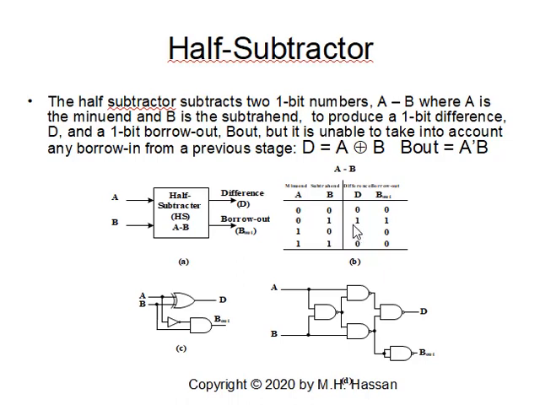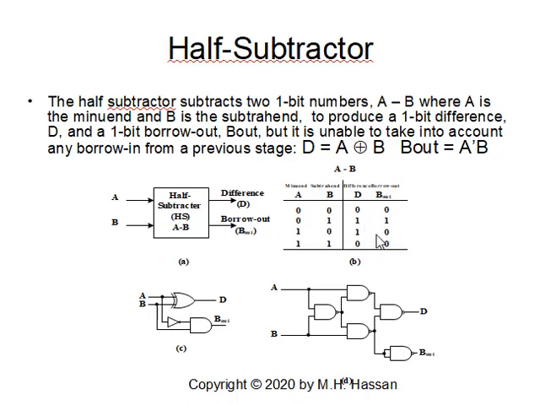The difference will be 1 in binary. So 0 minus 1 gives the difference 1 and the borrow 1. Then 1 minus 0 is 1 and the borrow is 0. And 1 minus 1, the result is 0 and the borrow is 0. So we end up with this truth table.